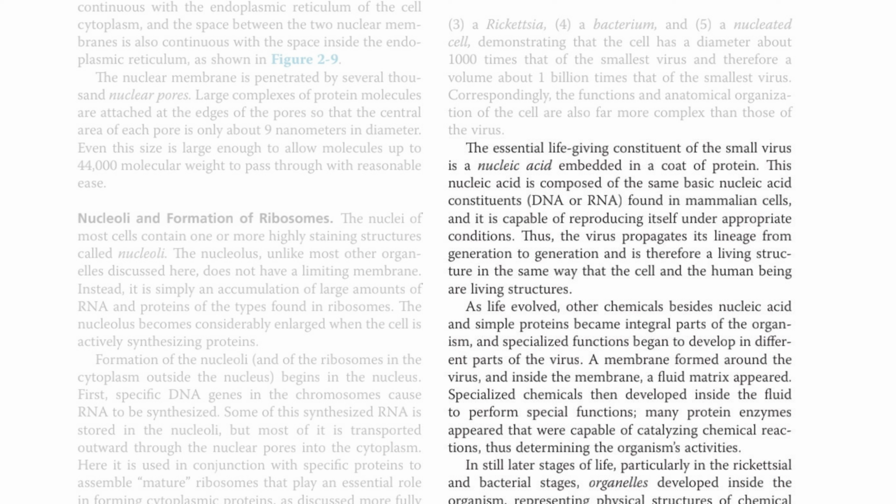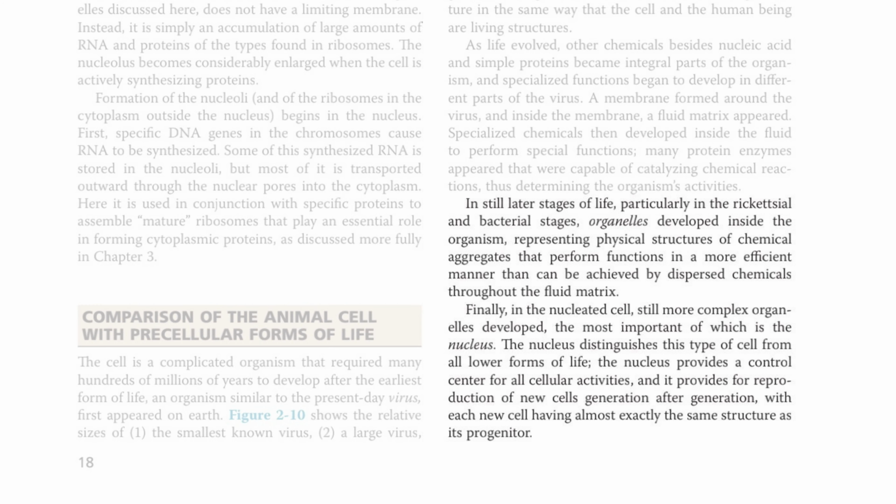A membrane formed around the virus, and inside the membrane, a fluid matrix appeared. Specialized chemicals then developed inside the fluid to perform special functions. Many protein enzymes appeared that were capable of catalyzing chemical reactions, thus determining the organism's activities. In still later stages of life, particularly in the rickettsial and bacterial stages, organelles developed inside the organism, representing physical structures of chemical aggregates that perform functions in a more efficient manner than can be achieved by dispersed chemicals throughout the fluid matrix.